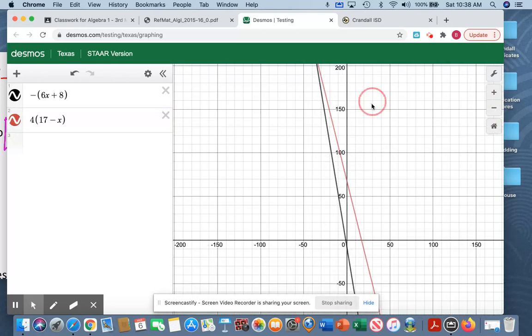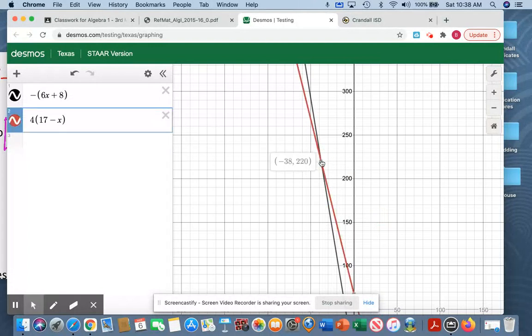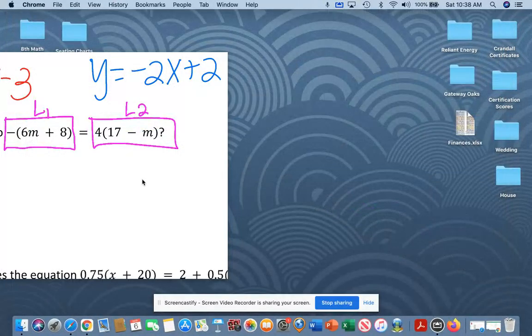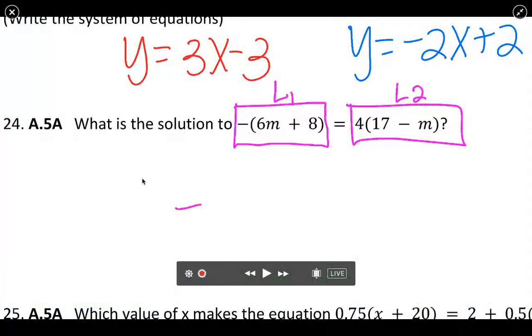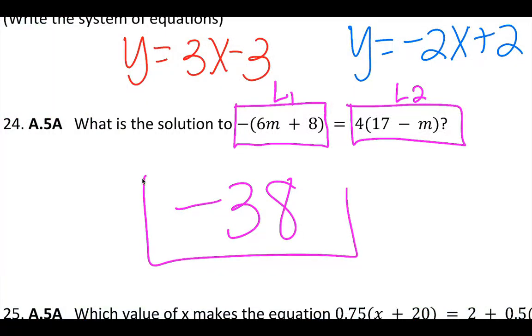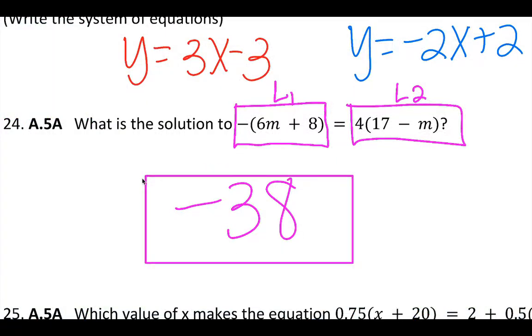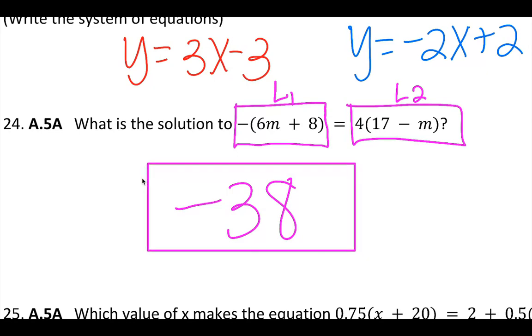Oops. So it looks like up here, they intersect at -38, 20, and I'm looking for x, which is -38. Okay.